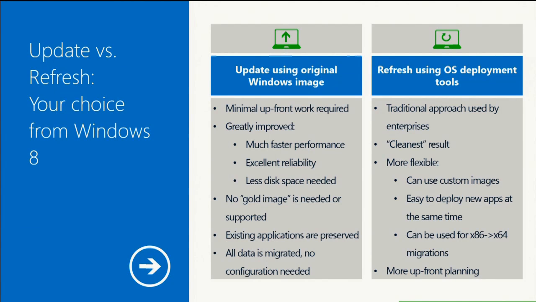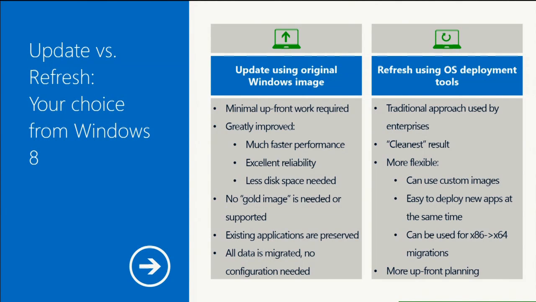You can also use the refresh for cases where you're moving from x86 to x64. The update process only works if you're keeping the same architecture. So if your goal would be to move from Windows 8 x86 to Windows 8.1 x64, refresh is the only choice.